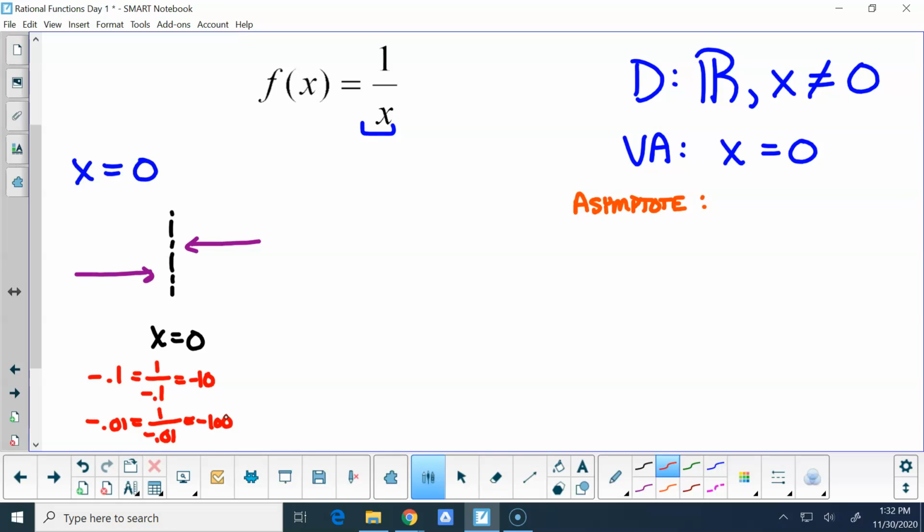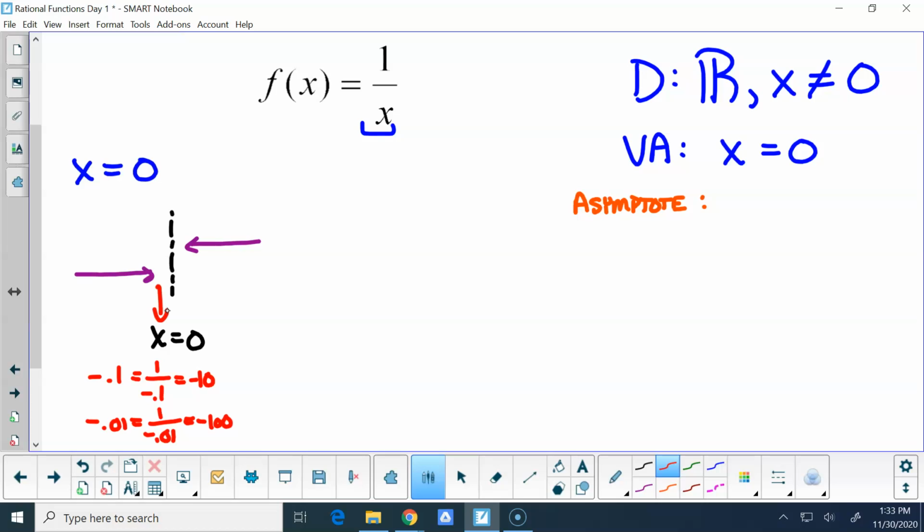If I went to negative 1,000, I'd be at negative 1,000 for the value of my function, right? So my function is actually shooting way down, right? It's going to negative infinity, because these numbers are getting smaller and smaller and smaller.